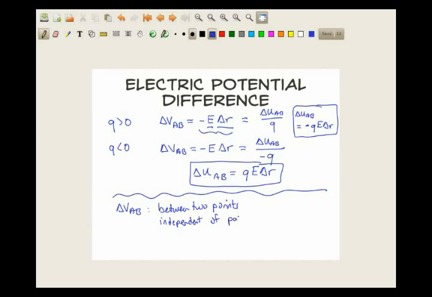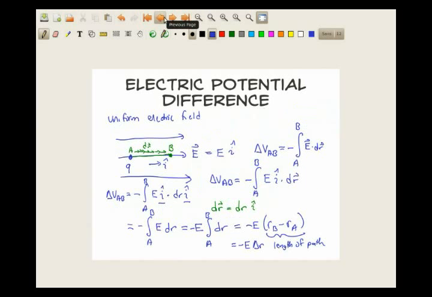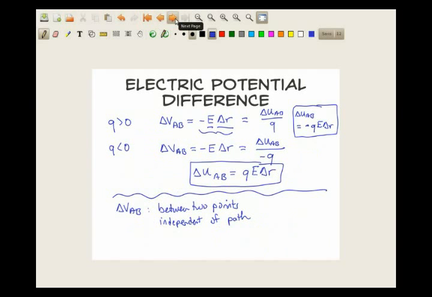We could have set up a simple example back here where the path was not a straight line from left to right from A to B, but rather a squiggly line. But because of the nature of the dot product, all the little squiggles perpendicular to the electric field aren't going to contribute, and all that's going to matter are the little pieces along the electric field, which have the same total length as the straight path I've drawn here. And so in the end, you get the same answer, but you do it with a lot less work if you just consider the straight path.